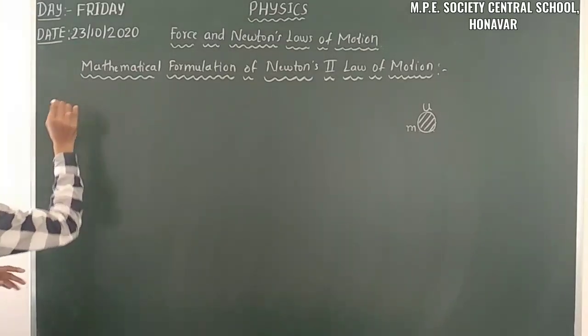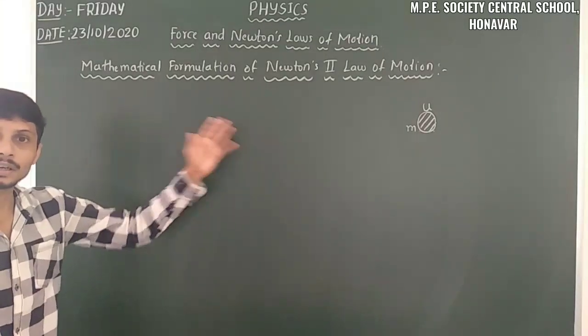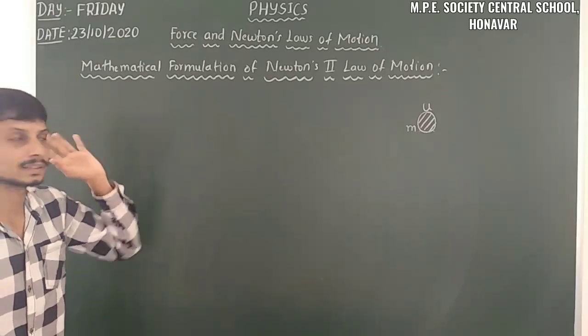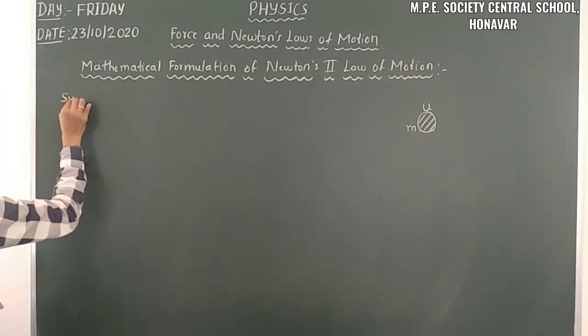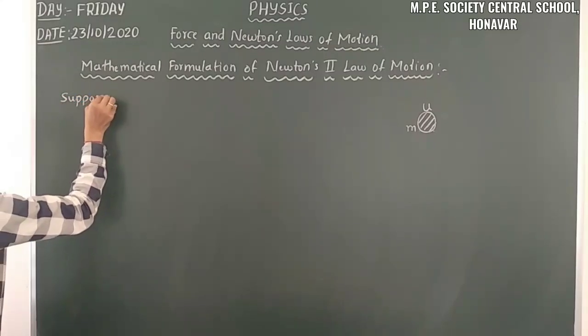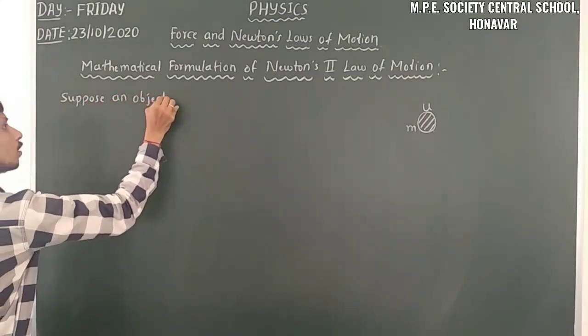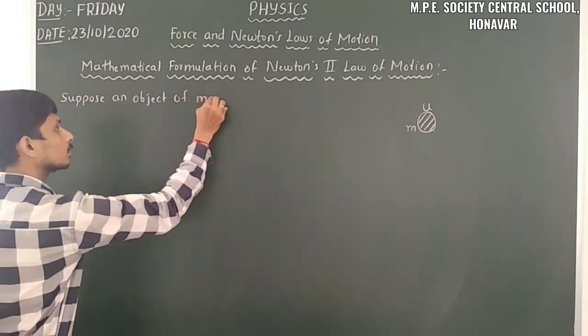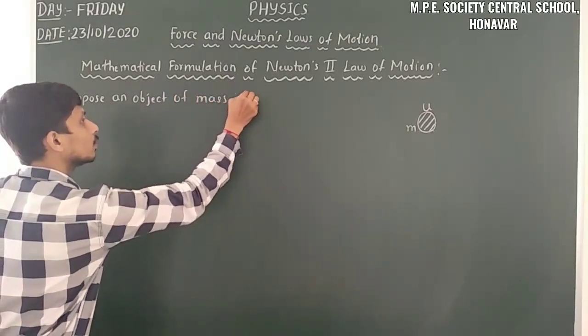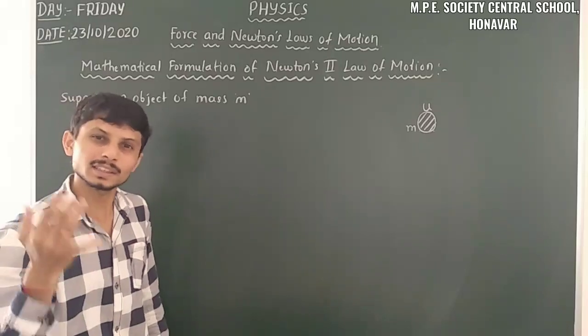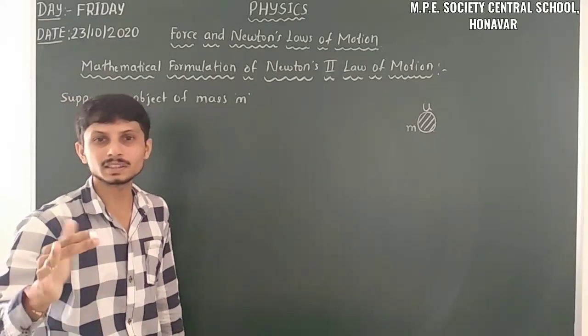Firstly we have to write the description of the case. Suppose an object of mass m is moving with a velocity u. Let us take u, the initial velocity.